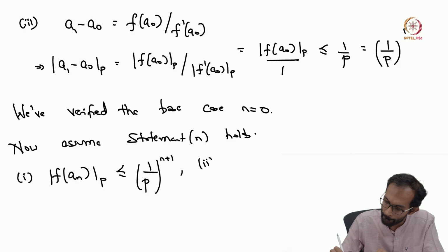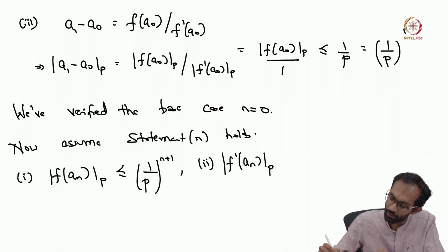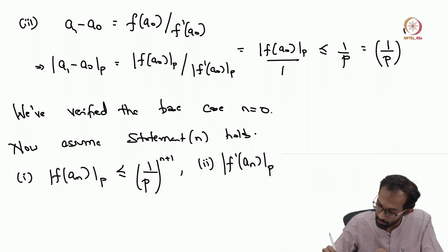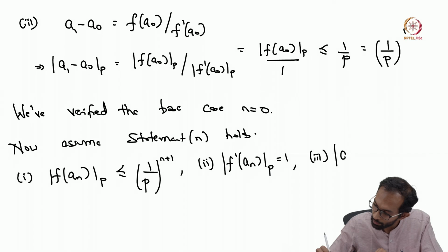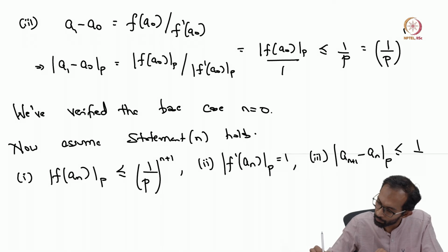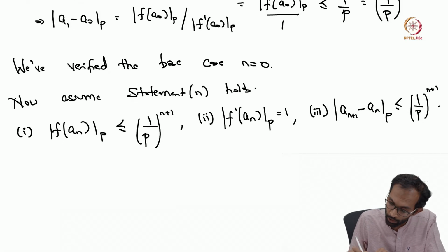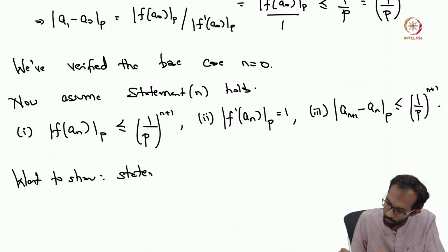We have that the p-adic absolute value of f'(a_n) is 1. And what we have is that a_{n+1} minus a_n in p-adic absolute value is less than or equal to 1 over p raised to n plus 1. Okay, so this is given to us, and what we want to show is that statement n plus 1 holds.